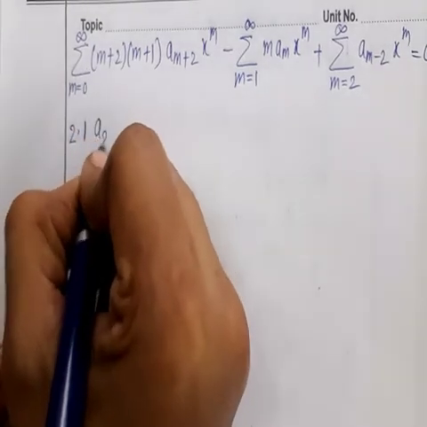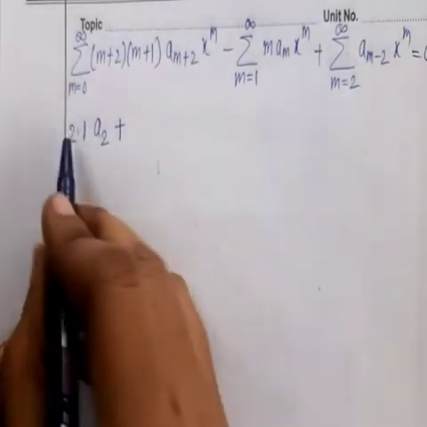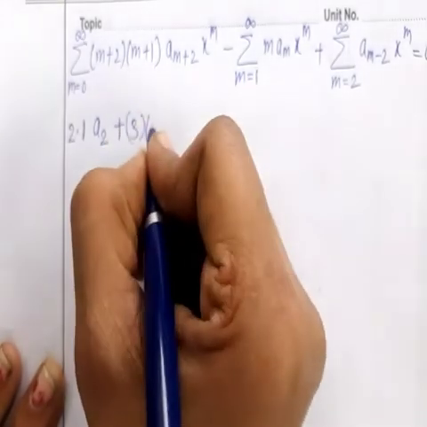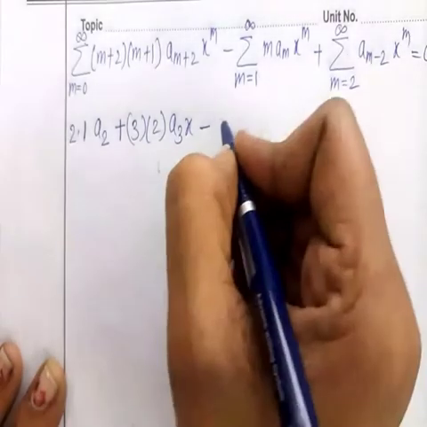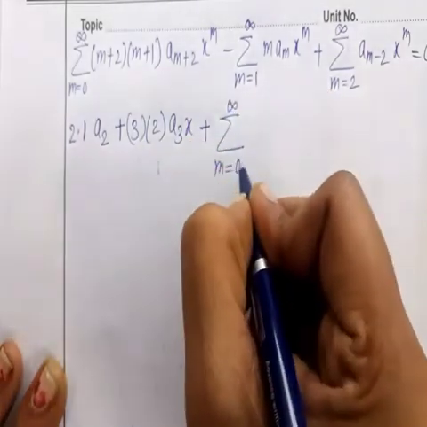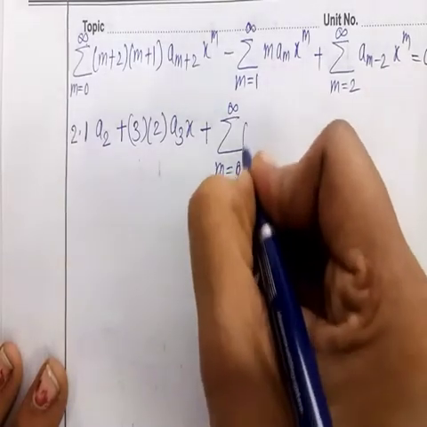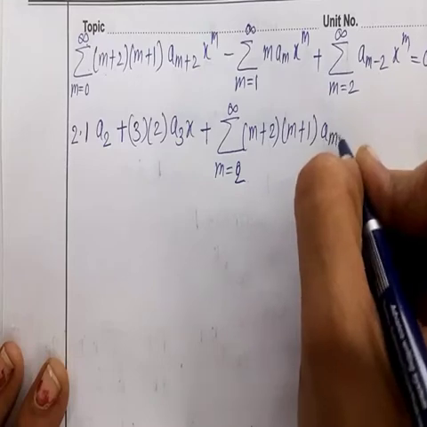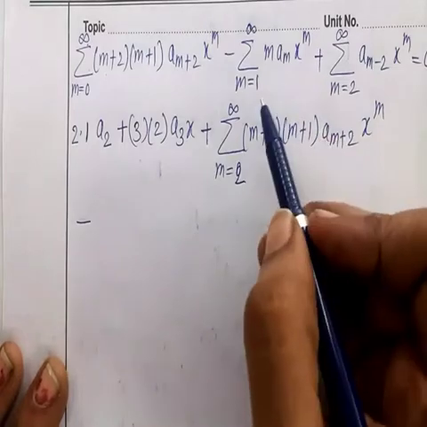M is equal to 0, so it is a2, x to the power 0 is 1, plus m is equal to 1, 1 plus 2 is 3, 3 multiplied by 1 plus 1, 2, a of 3 x, plus summation m is equal to 2 to infinity, m plus 2, m plus 1, a of m plus 2 x to the power m, minus the next term, which starts from m is equal to 1.